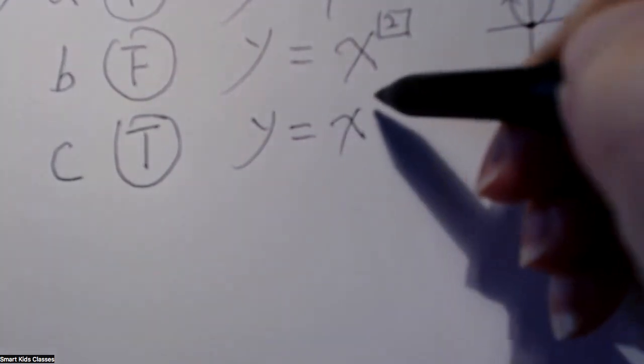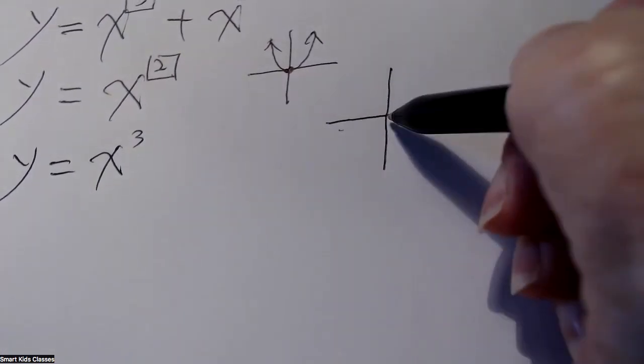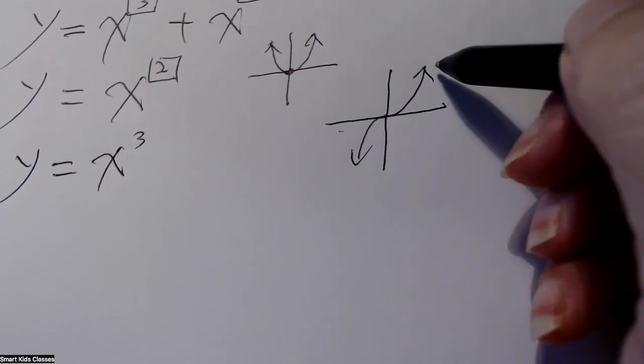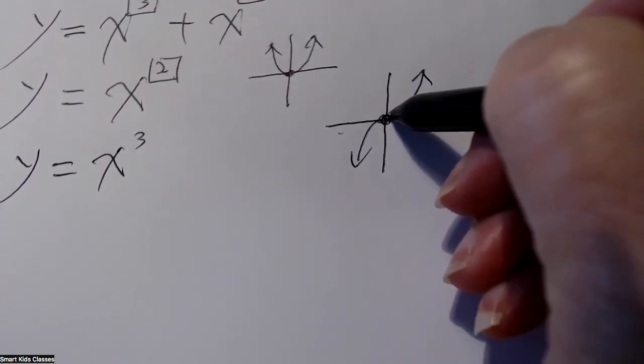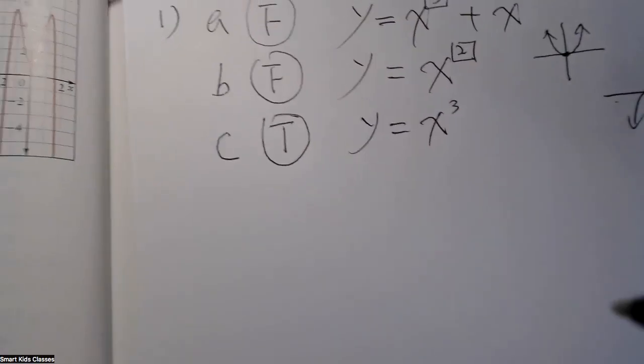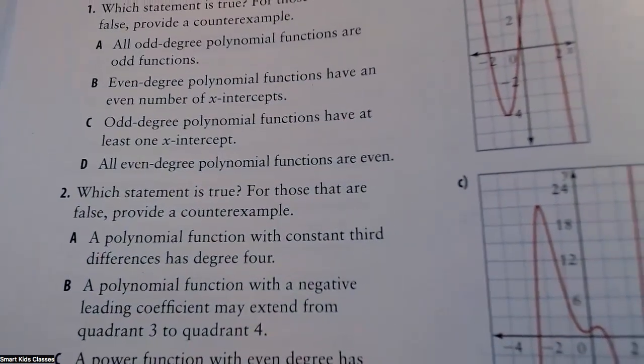For example, y equals x exponent 3. We can plot a small graph here. The graph goes through the third quadrant and the first quadrant, so it must have at least one x-intercept. That's true.